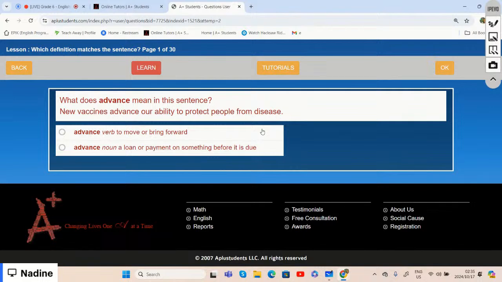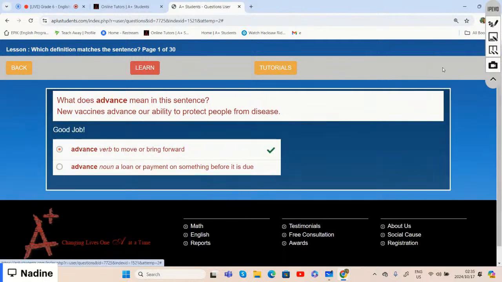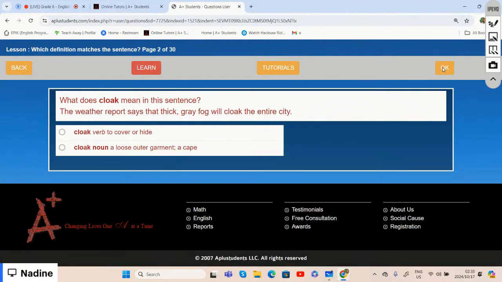All right. And if we were to choose the correct option, the definition that matches the sentence, then we can say it is to move or to bring forward. Option one. Well done. Option one is correct.